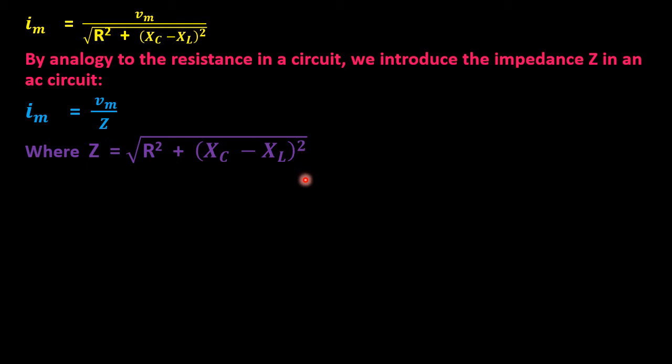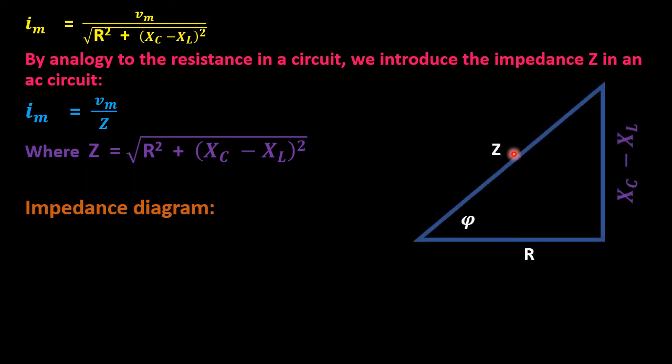Now in order to find the phase angle phi, we draw an impedance diagram, which makes it easy to find the phase angle. So here is the impedance diagram. This is the angle phi, and here it is 90 degree. It is a right angle triangle, and this hypotenuse represents Z, this base represents R, and the perpendicular represents XC minus XL.